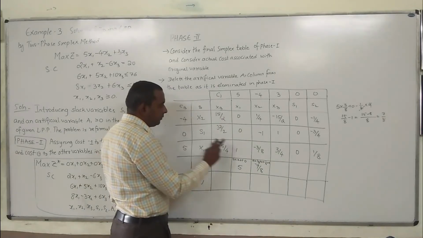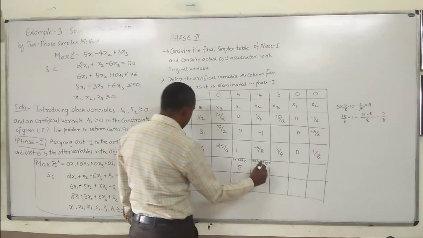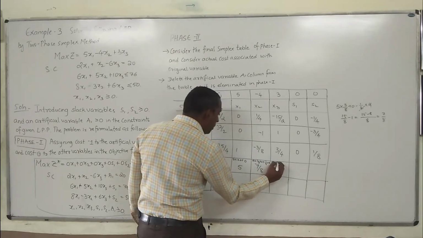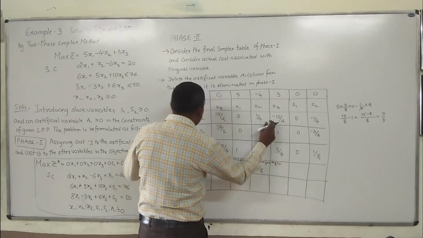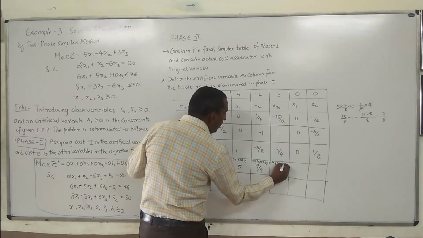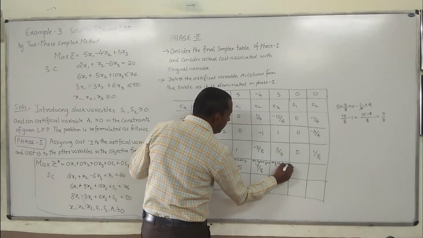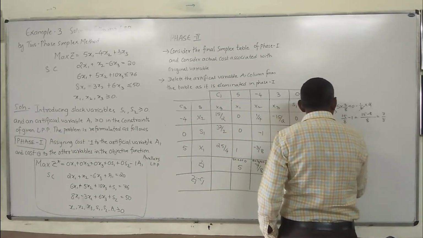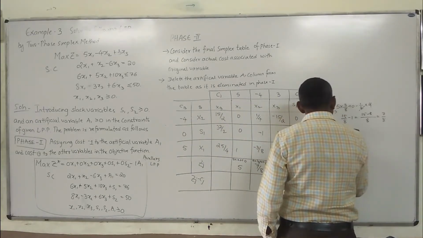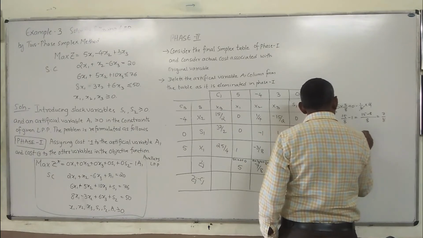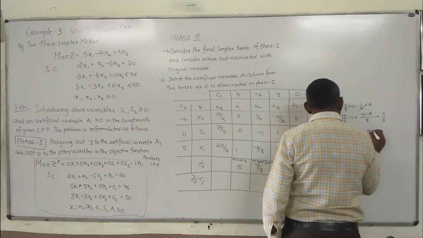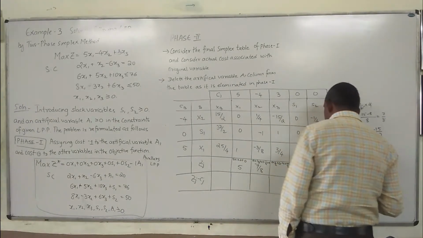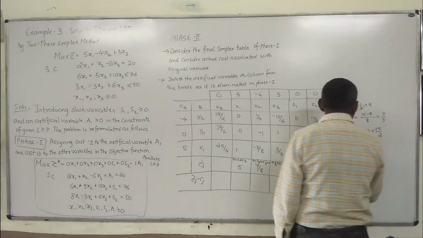Next one is 5 into 3 by 4 plus 0, then it is minus 4 into minus 15 by 2. So how much it is?